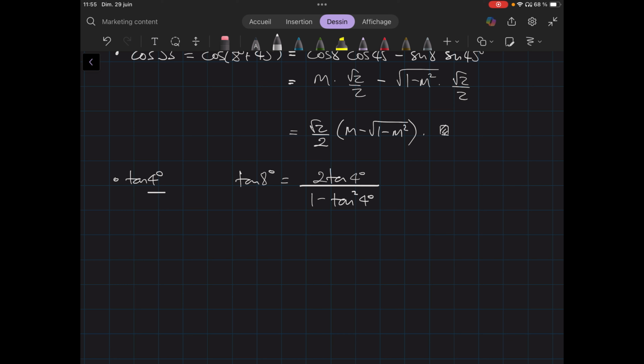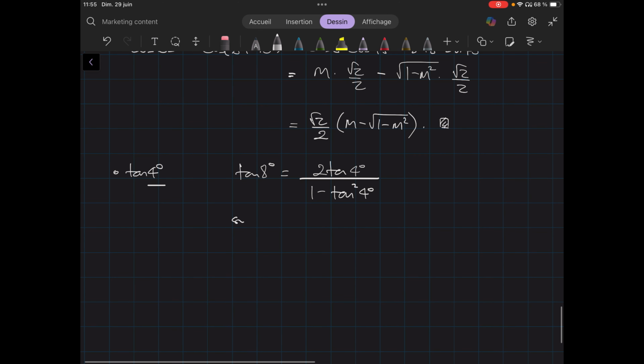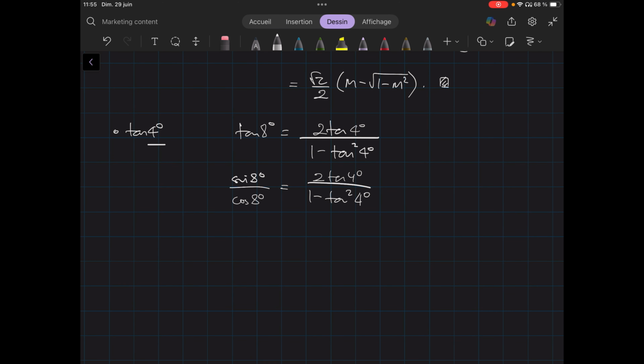So tan of 8 degrees is going to be sine of 8 degrees divided by cos of 8 degrees. Sine of 8 degrees we found earlier. Cos of 8 degrees we are given.